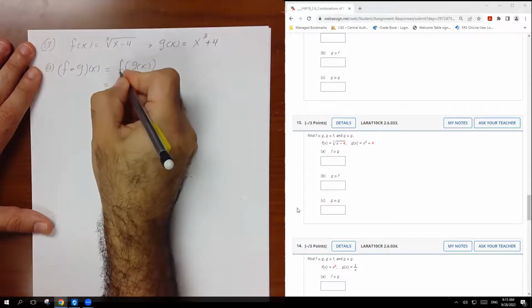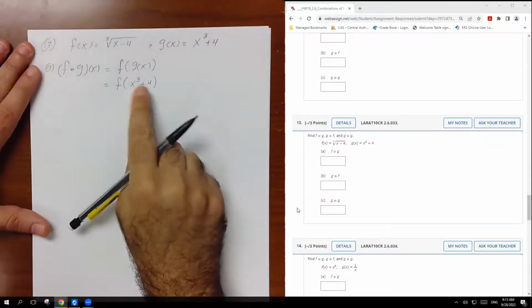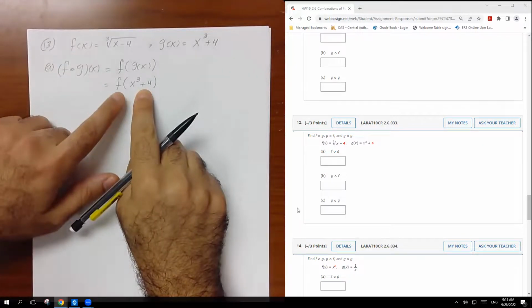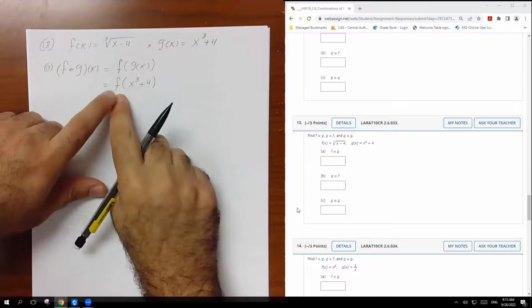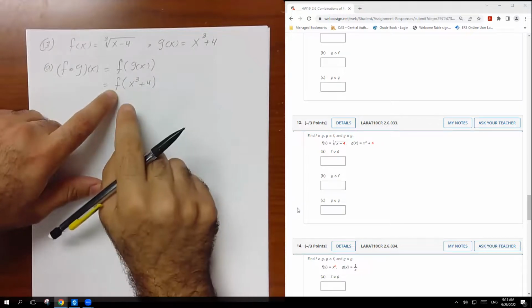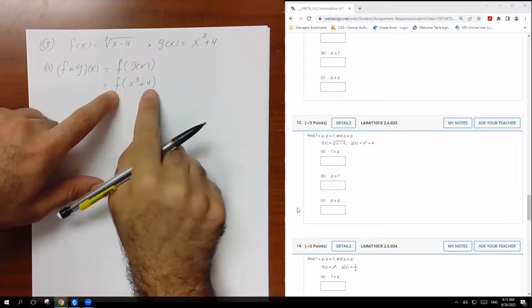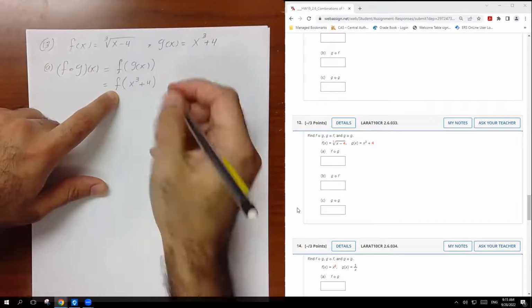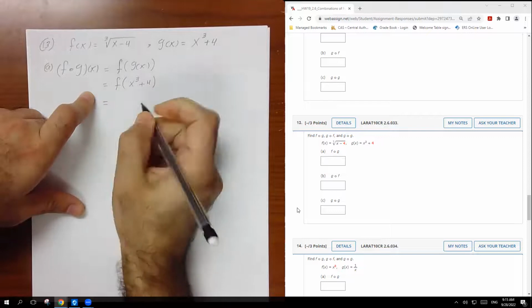Now I'm going to plug X cubed plus 4 into the F function. Instead of each X in F, I'm going to plug in X cubed plus 4.